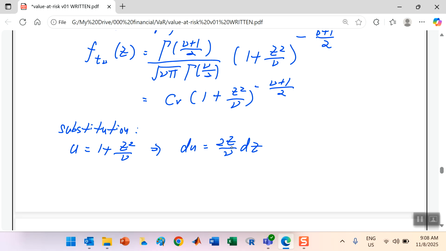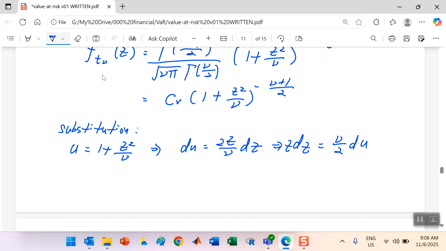So now we want z dz, which can be written as (μ/2) du. Okay, so this is the result we want.